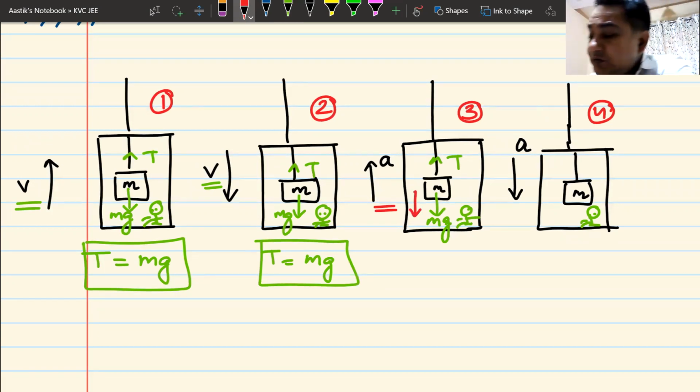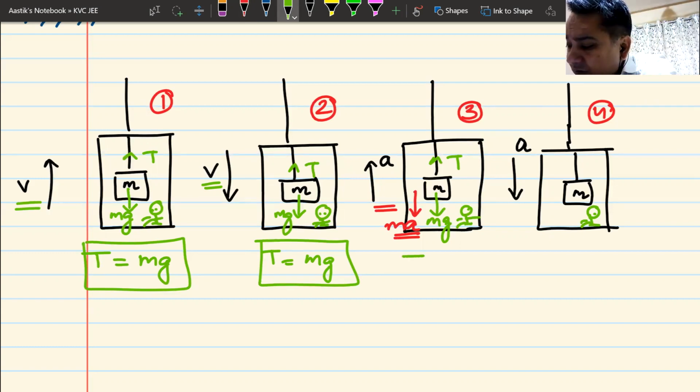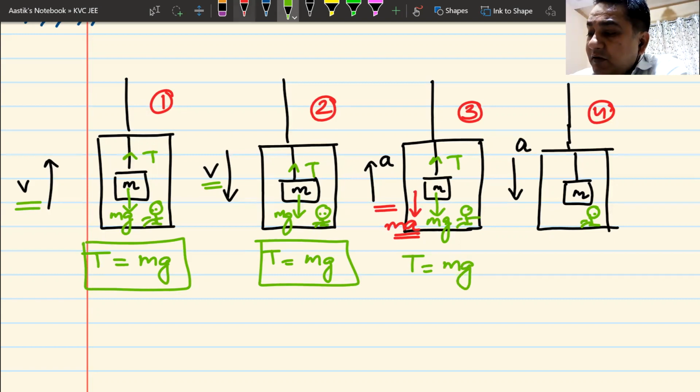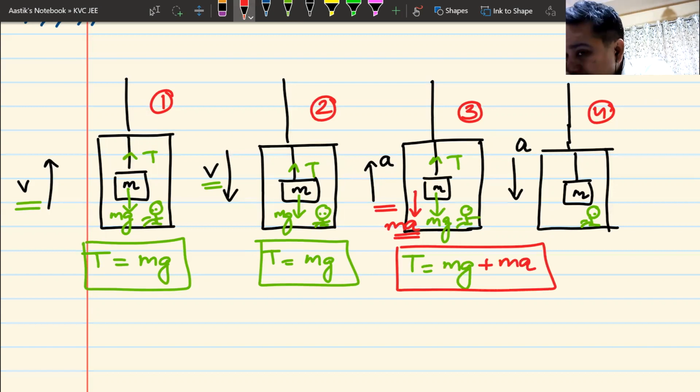Red one, the pseudo force downwards. Value is m into a. How do I write the equation now? T is upwards, mg is downwards. T is equal to mg? No, T is not equal to mg because I need to add plus ma. That becomes the third equation. I hope all of you got this.